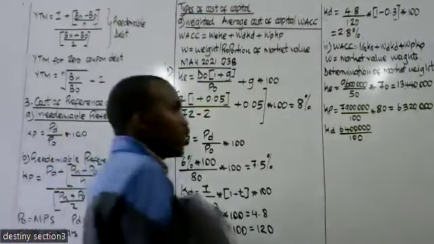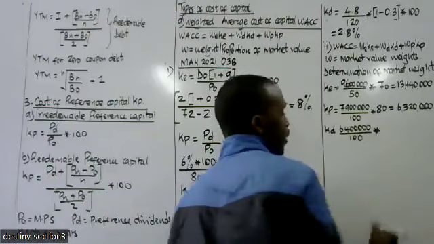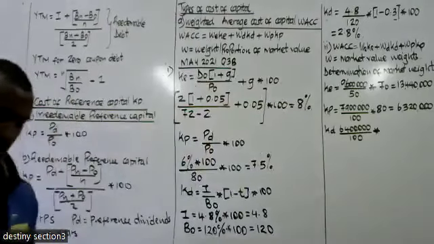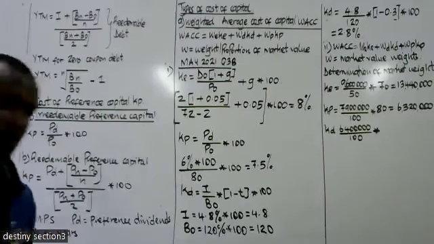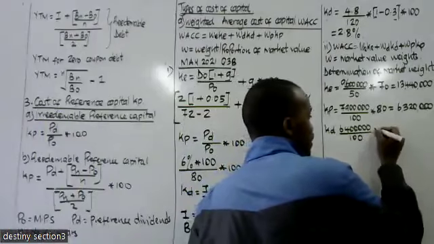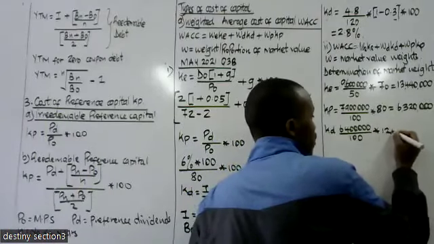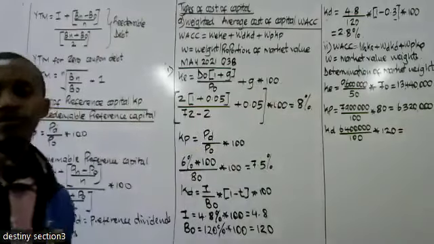Then you multiply by your market price. How much is the market price? 120. It is trading at 120% of the nominal value.